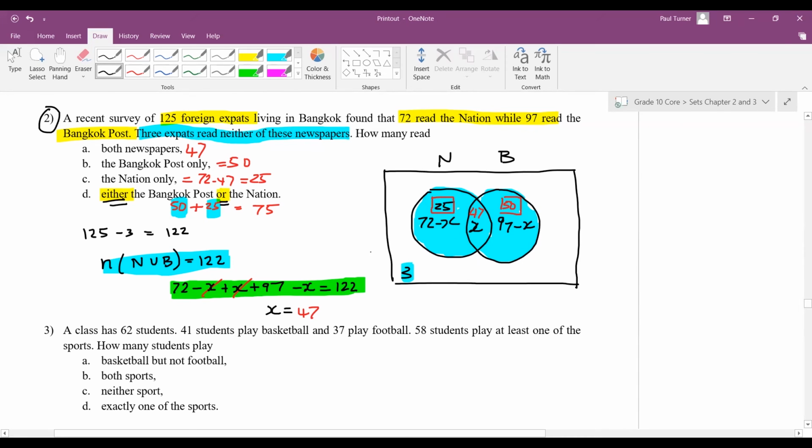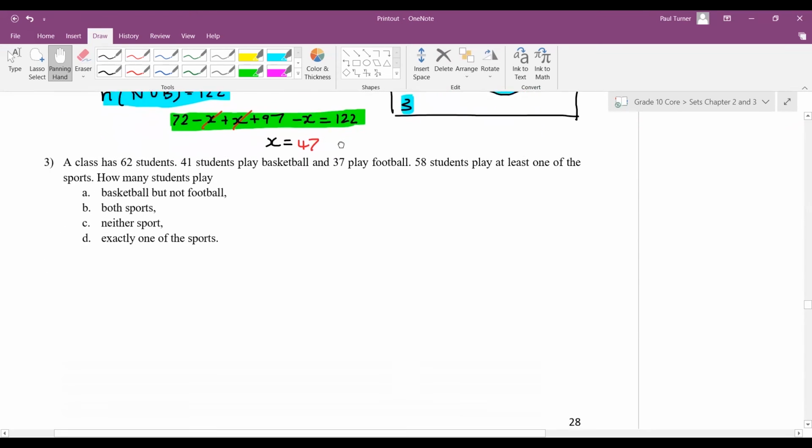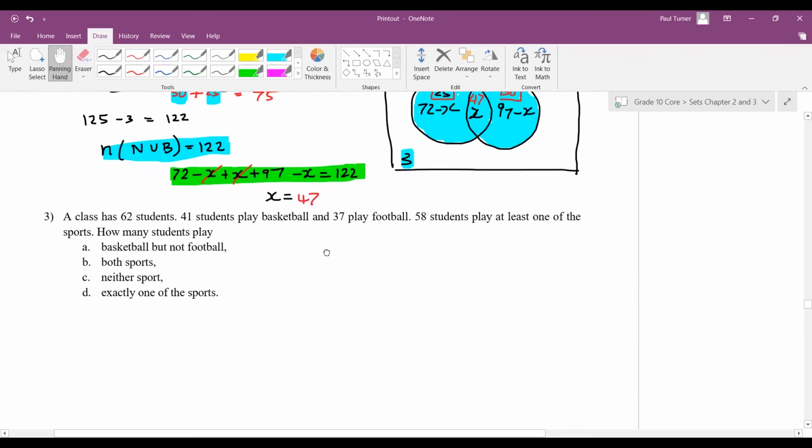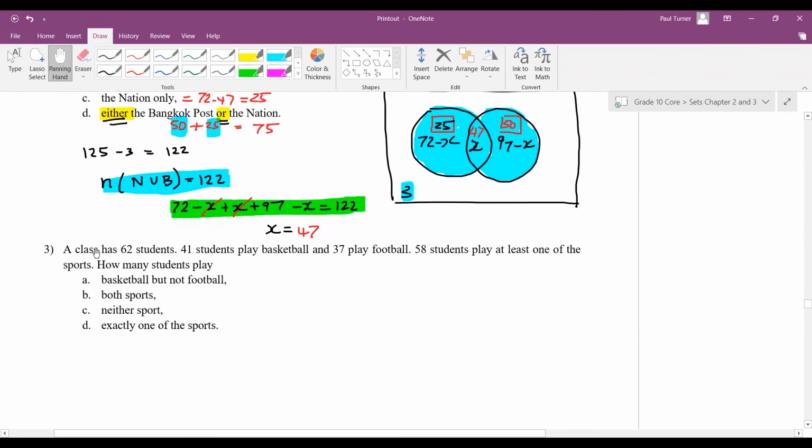Right, so why don't you do question 3 yourself? I'll give you 10 minutes. It's 10:50 now. So let's go to 11 o'clock. Right, so go to 11 o'clock and do this one. I'll leave a bit there if you're copying. So again, start with your diagram. And we have basketball and football. So let's set it up.